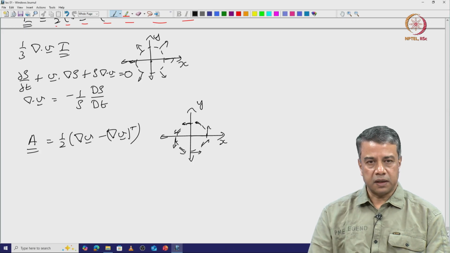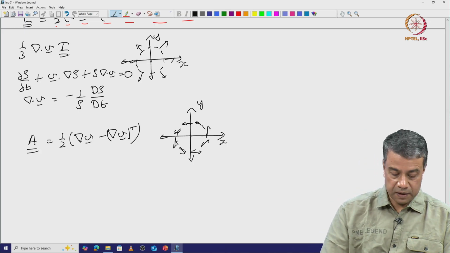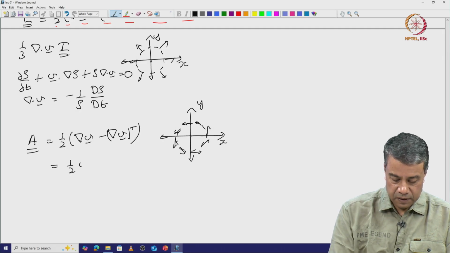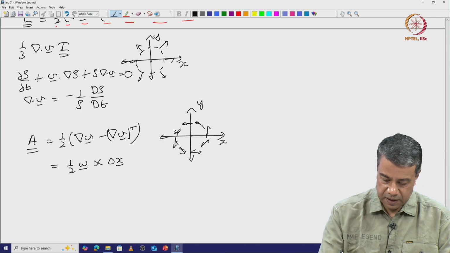Okay. And I had also shown you that this can be written in terms of the vorticity vector. This is equal to 1/2 omega cross delta x vector, where delta x vector is the displacement from the origin.